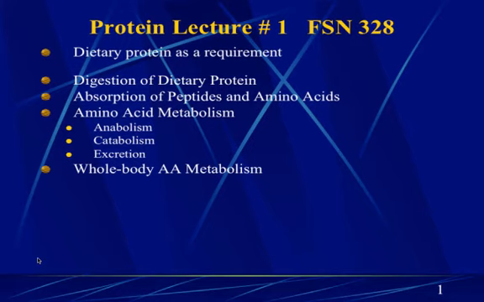We spend a lot less time on it because it's not an energy source in general. So we can go through this pretty quickly. Here's the outline. I'm thinking I have my notes for protein there. There we go.